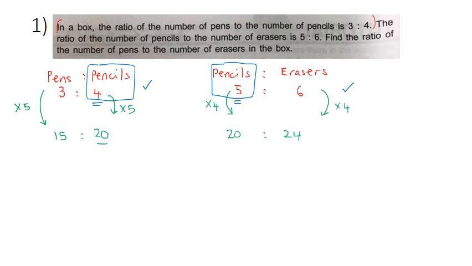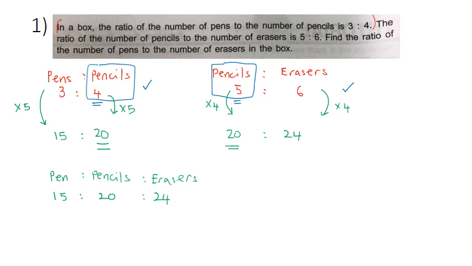Now that we have the same unit of pencils for each comparison, we can say that pens to pencils to erasers is 15 to 20 to 24.